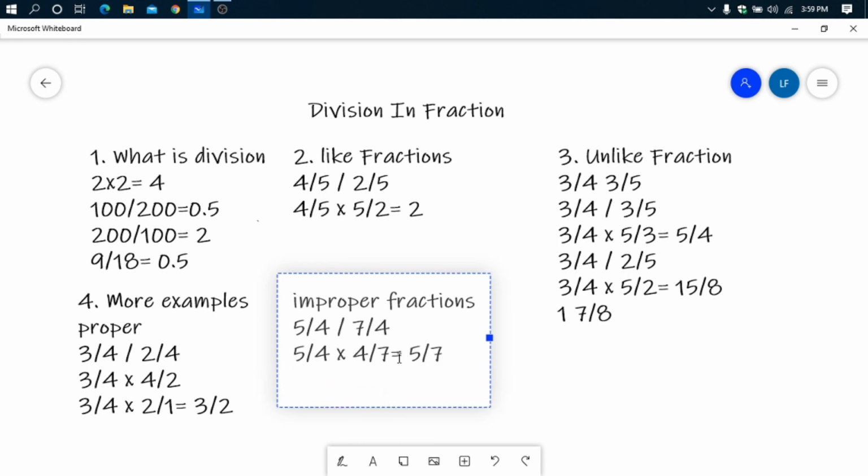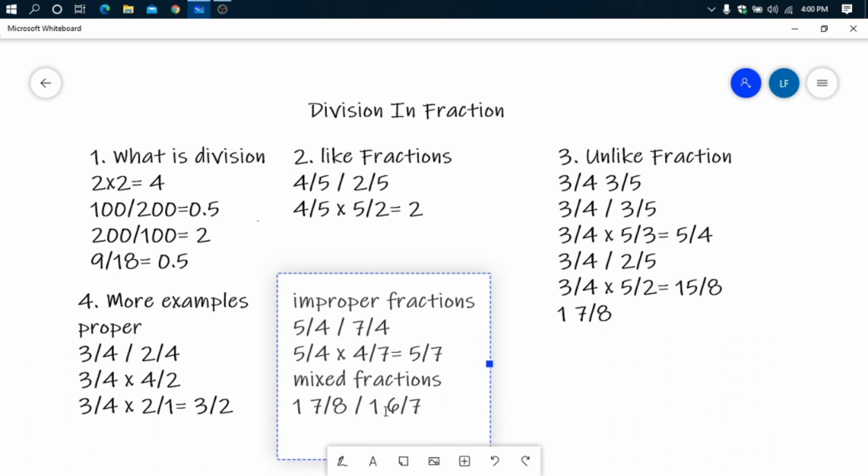Okay, let's take mixed fractions. Oh boy. Let's say 1 7 by 8 divided by 1 6 by 7. So how are we going to find this? Easy.